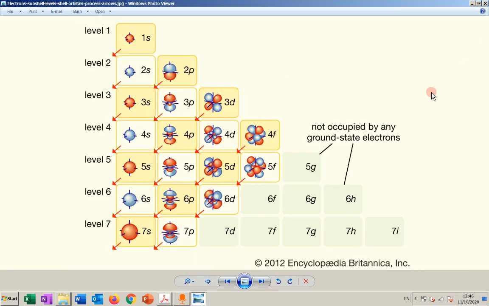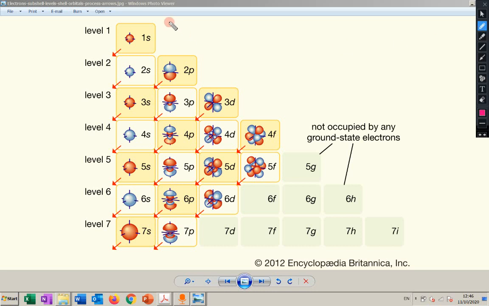So we have Z to be 56. Then we continue typing: 1s, 2s, 2p, 3s, 3p, 4s.